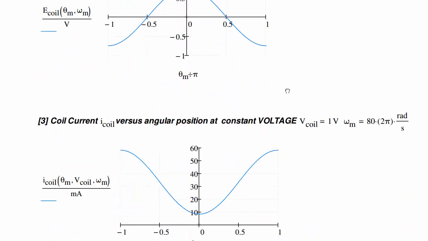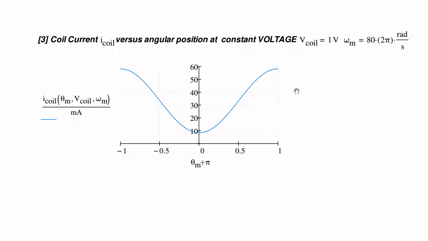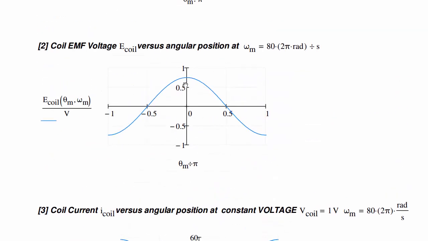Okay, and going on to 3, we're going to look at the coil current. If we apply a voltage of 1 volt and we're rotating at 80 times 2 pi radians a second, here we see that the current is actually minimum at 0 degrees, and that makes sense because the induced voltage is actually maximum.